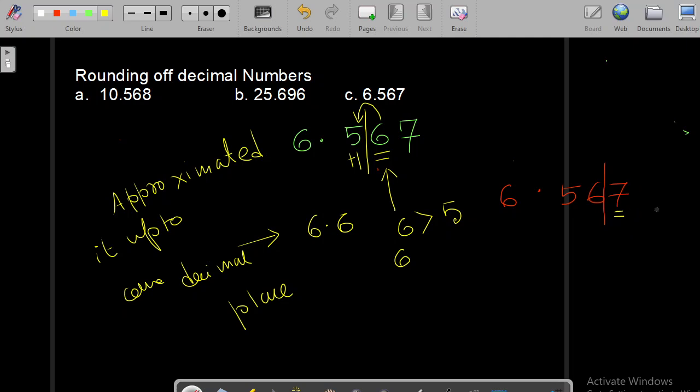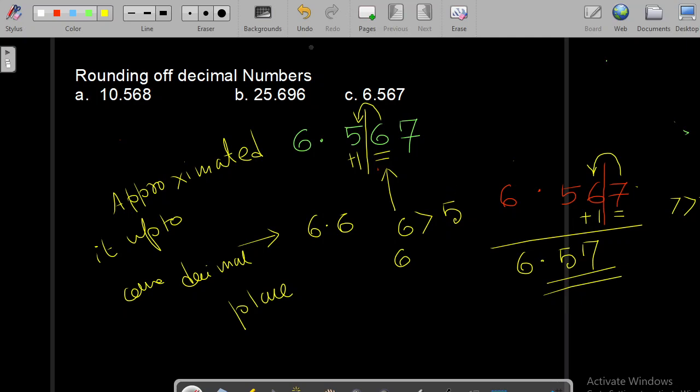Now this 7 is greater than 5. So we apply the rule that we add 1 to the immediately preceding digit, that is 6. So the answer after approximating it up to two decimal places will be 6.57.